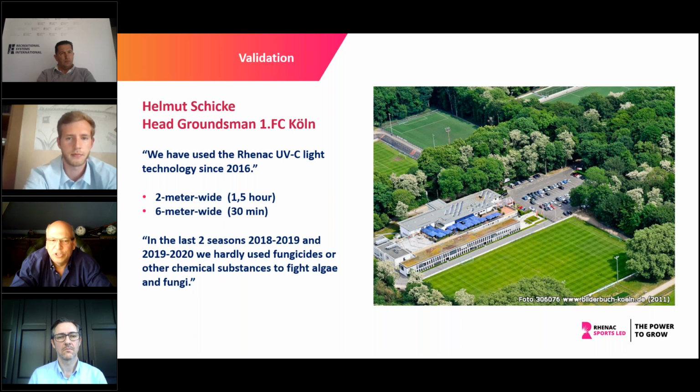He had immense pressure of disease and algae on his pitches. In the last 2 seasons, he hardly used any fungicides at all to fight his algae and fungi. He reduced the amount of treatment by 95%. Still, he had to use it in some instances when there was a really heavy attack which could not be treated. But the 95% reduction is a nice given.